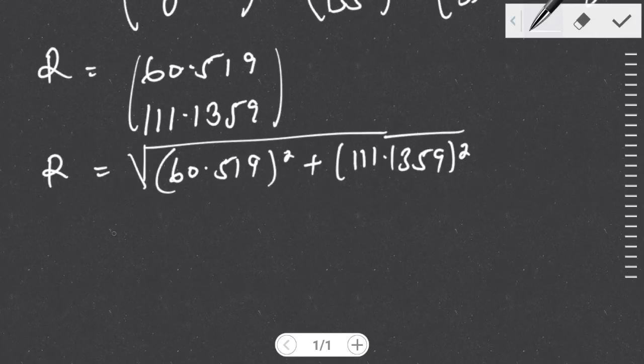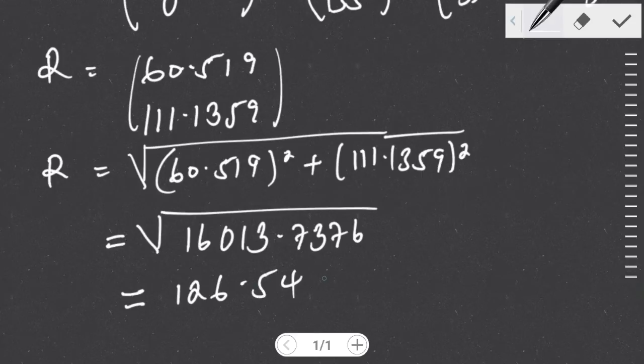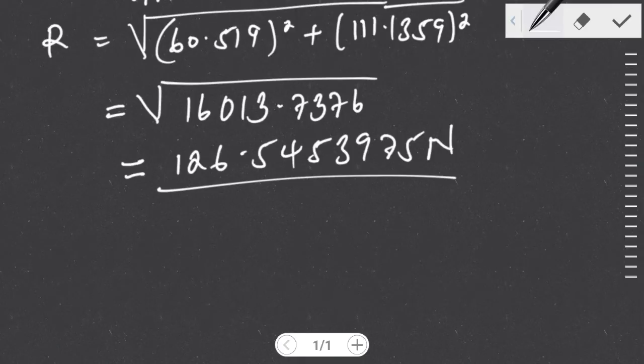So out of that, I would get something that would be the root of 116.013.7373776, and therefore the root of that should be equal to 126.5453975 Newton.